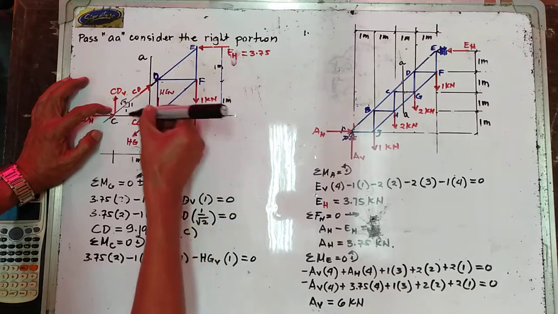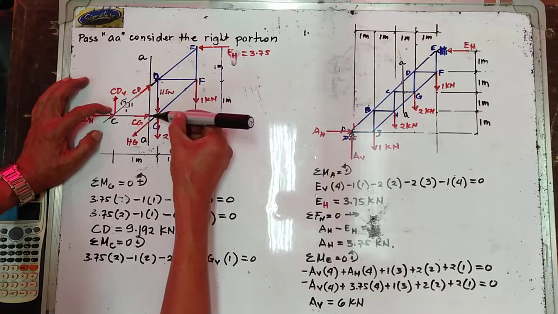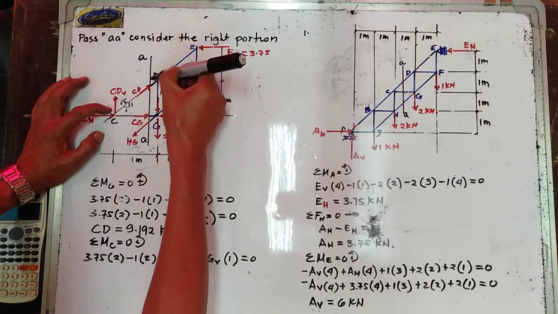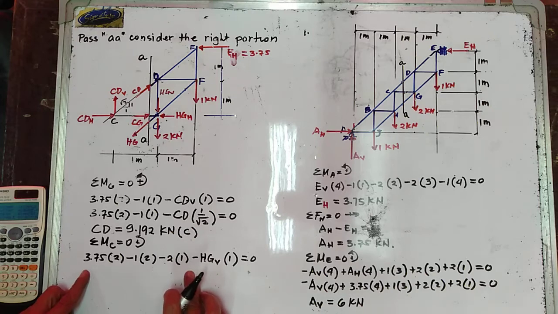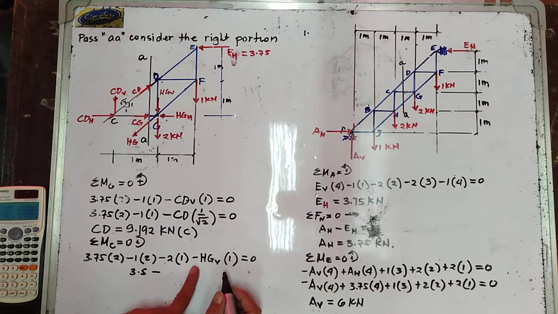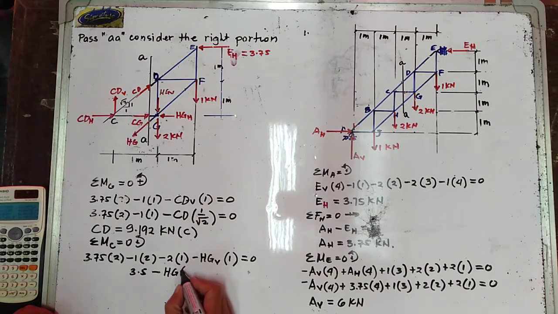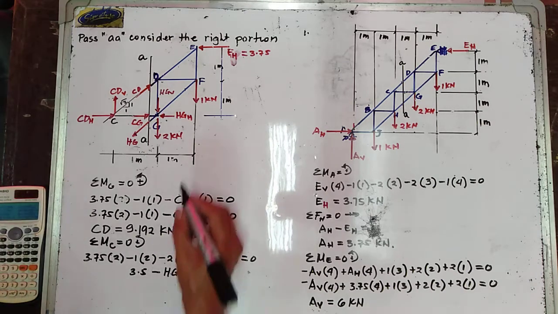HG horizontal passes through the moment center, CG passes through the moment center, and CD passes through the moment center. So we have the algebraic sum of this one in here is equal to 3.5 minus HG vertical, the vertical component of HG.